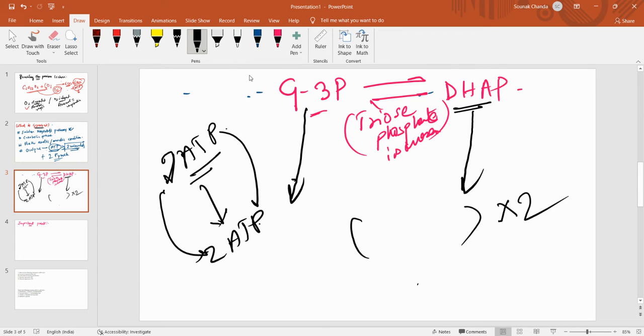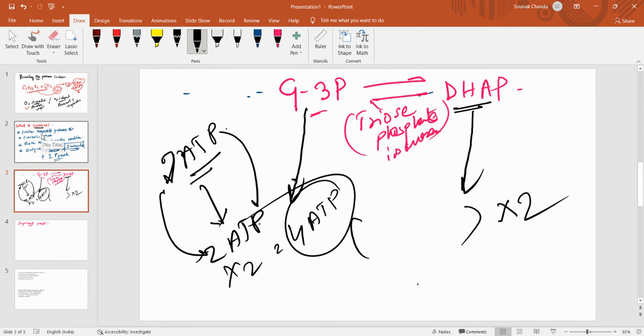So as our body is so highly biologically modified, it always runs glycolysis in two parallel pathways, one from glyceraldehyde 3 phosphate, another from the DHAP. So ultimately 2 ATP into 2 gives us 4 ATP. In the previous slide, I discussed how much ATP has been gained.